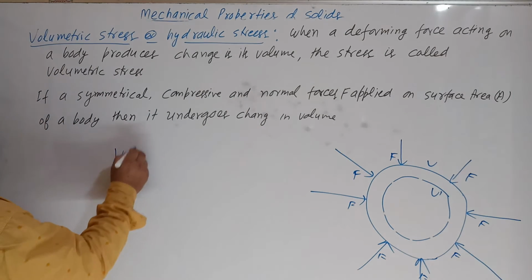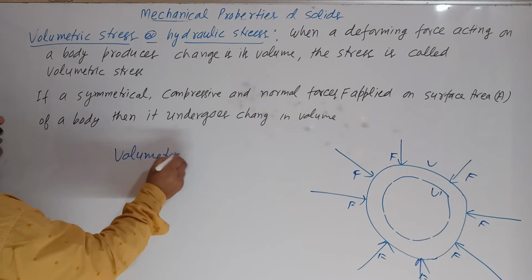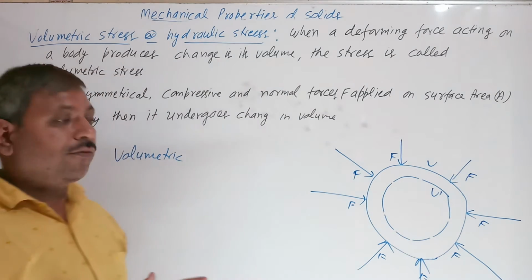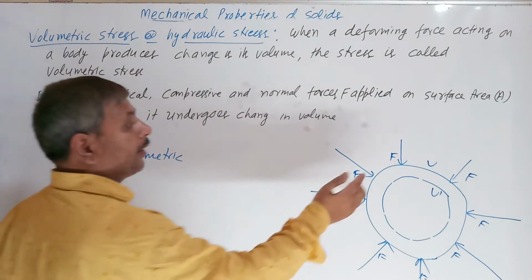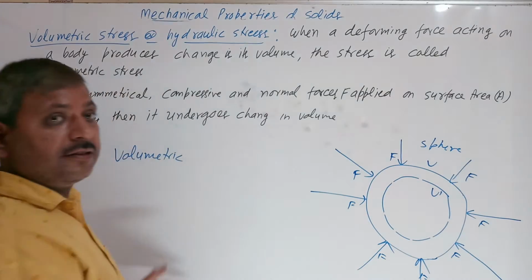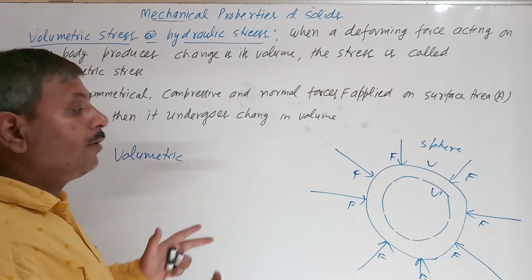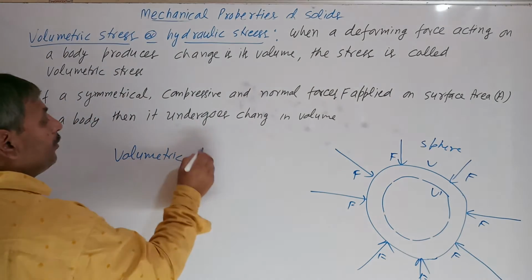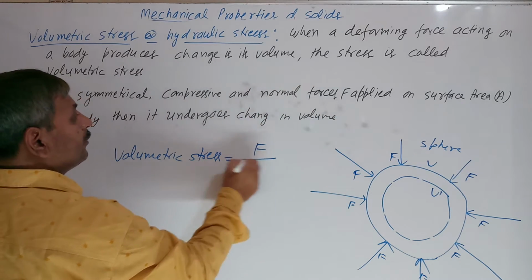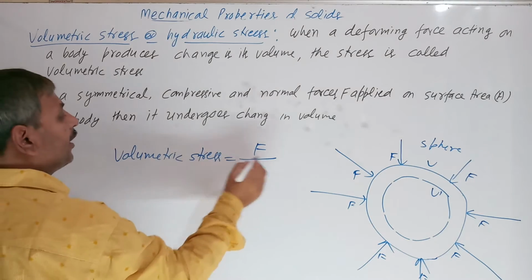What is volumetric stress? Volumetric stress is a stress which changes the volume of an object. This is the sphere I have taken, and upon the surface a symmetrical normal force F is acting. The volumetric stress is equal to this applied force per unit surface area.